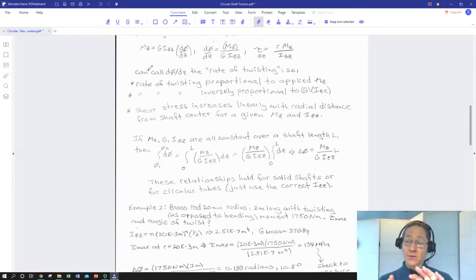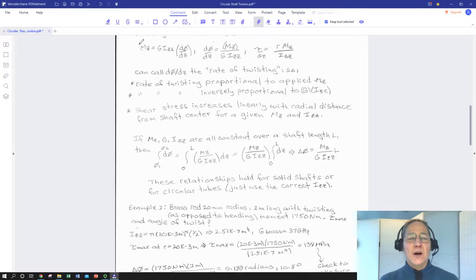So now we can relate what's effectively strain displacement, shear displacement in the form of our twist angle per unit length, our shear stress, which is related to ultimate material capabilities, shaft shape size through I_zz and shaft radius, and of course our applied moment, which we can designate, limit, or determine what needs to be applied.